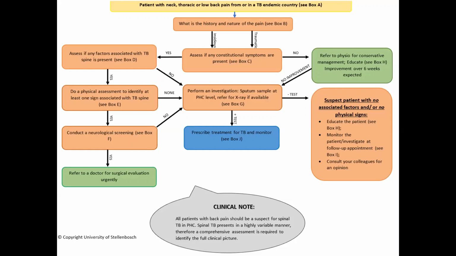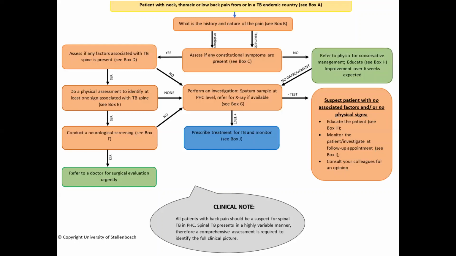These include whether there's an associated HIV infection, previous ARV history, malnourishment, exposure to TB, previous or current pulmonary TB, being younger than 20 or older than 50 years of age, smoking or regular alcohol use, being immunocompromised, such as having diabetes mellitus or being on cancer treatment, and whether they are living in poverty.